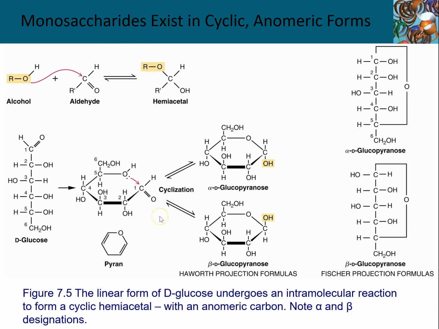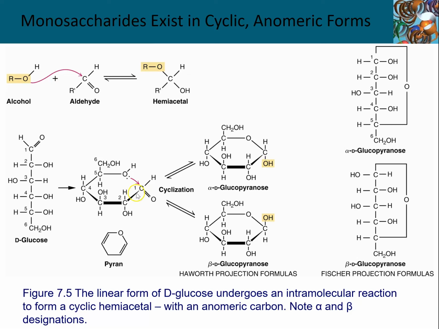Now, remember we were talking about the formation of this new anomeric carbon, this new chiral center at the 1 carbon. And so this carbon, which is housing the aldehyde, accepts a nucleophilic attack. This oxygen gets reduced to an alcohol. And now, because this was achiral, it is now going to be chiral because we have 4 different groups around this carbon.